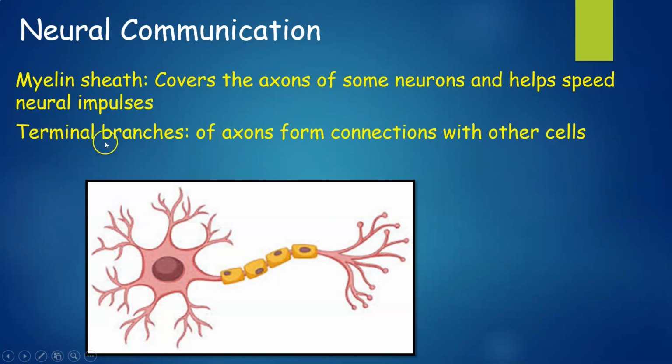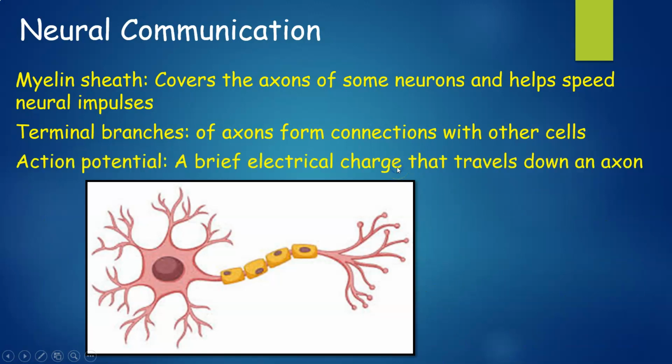Then we have the terminal branches. You could say this is at the very end of the barrel of a tank. Terminal branches of axons form connections with other cells and they send that information out. Now, that little spark, when you see a piece of broken glass, is something called an action potential.